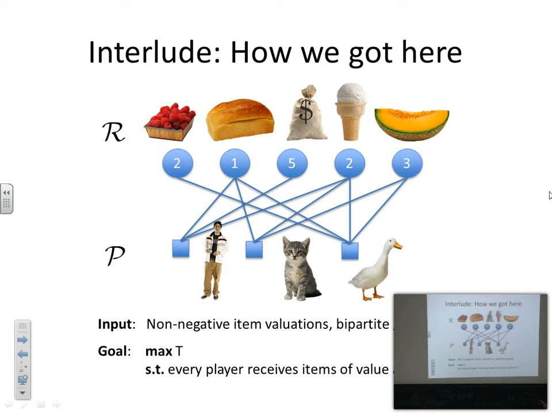So in this case, each resource has a value, and each player is interested only in a subset of the resources. So for example, the person here is interested in money while the animals are not interested in money.